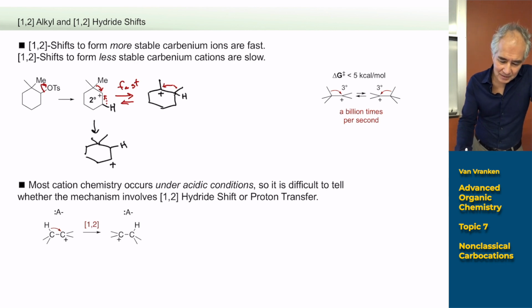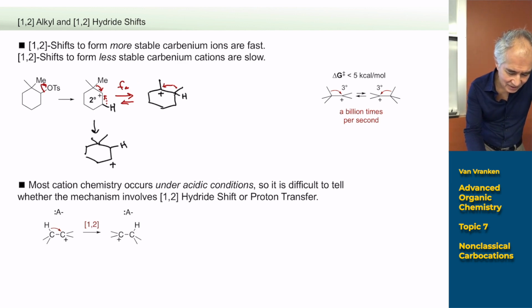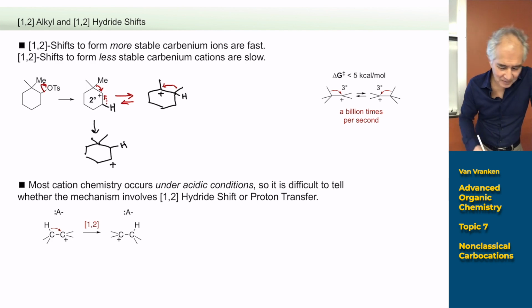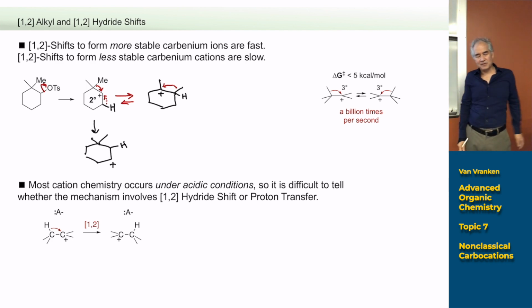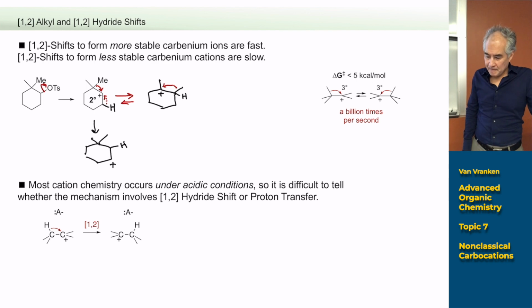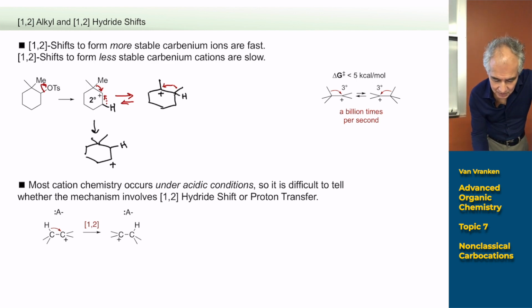Well, actually, let me take out the word fast, because there's something that's faster, and I want to reserve the word fast for the fastest possibility here. The fast thing to occur, if you were to measure it, would be for the lighter hydrogen to migrate.